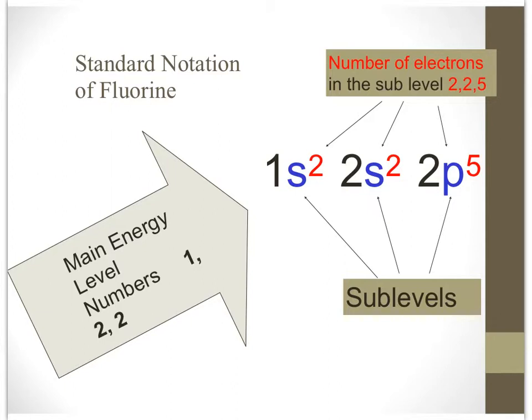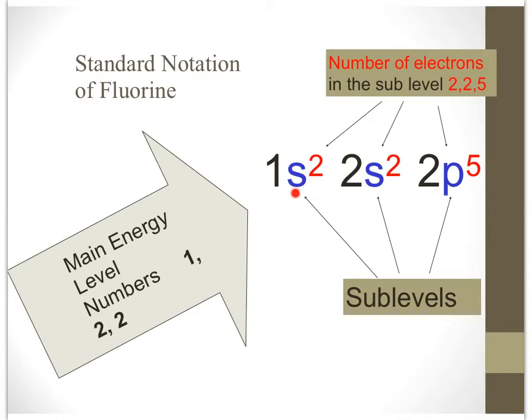It's called standard notation. So what you see here is the standard notation for fluorine. Fluorine has 9 electrons. It's number 9 on the periodic table. And so instead of writing it with boxes and arrows, the energy level, n, is a big number in front, like a coefficient.